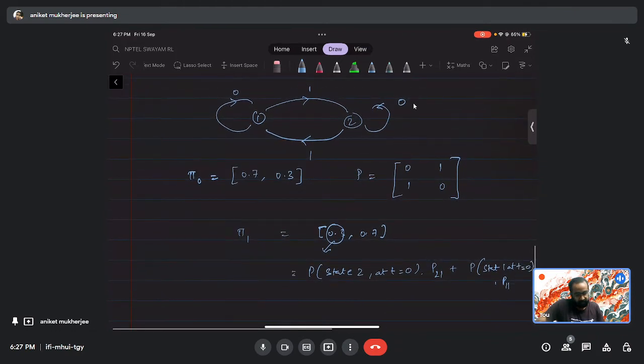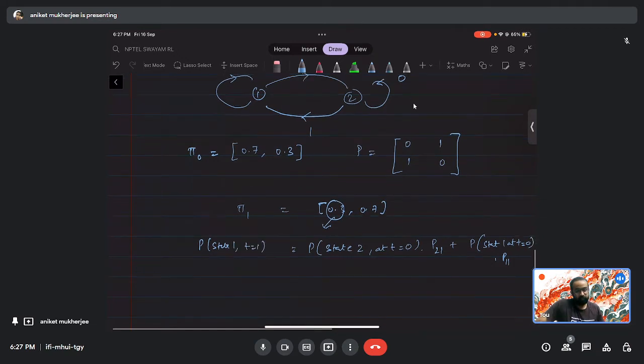This gives you the probability that you are at state 1 at time equal to 1. Do you see this? Yes. So the probability of state 2 at time 0 is 0.3, which I have given you as the initial condition, into p21, which is 1, plus the probability of state 1 at t equal to 0, which is 0.7, into p11, that is 0. So you get 0.3. So now the probability of state 1 at time equal to 1 is 0.3.